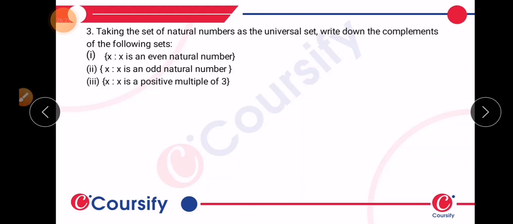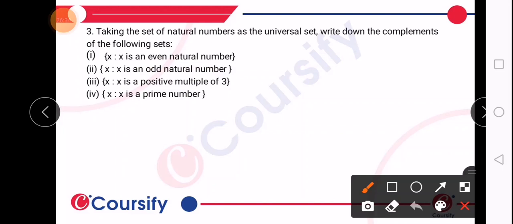Let's look at the fourth question. If X is a prime number. Now prime numbers are those numbers which have only two factors. One is the number itself, and the other is 1. Let's say for example 29.